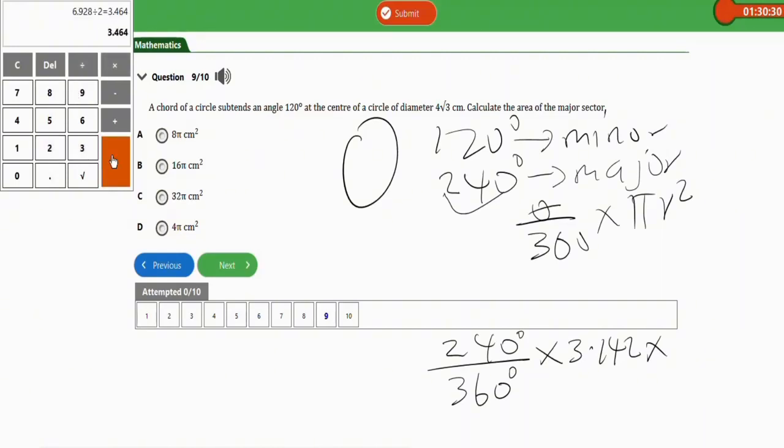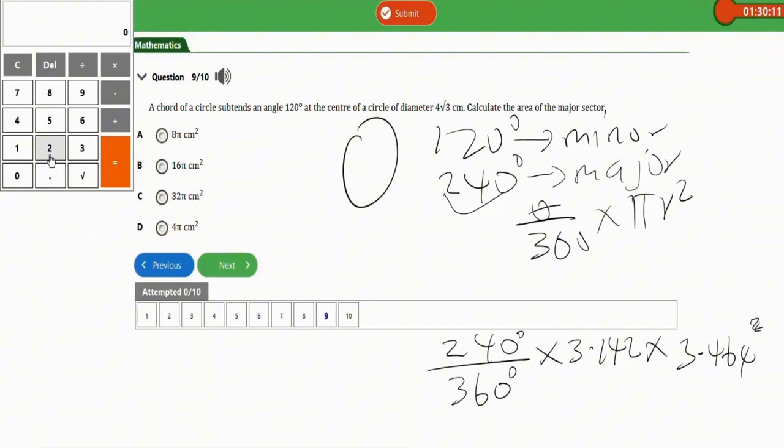So we have 3.464, and this is squared. So at this juncture, we can break it down and solve straight to get the final result.